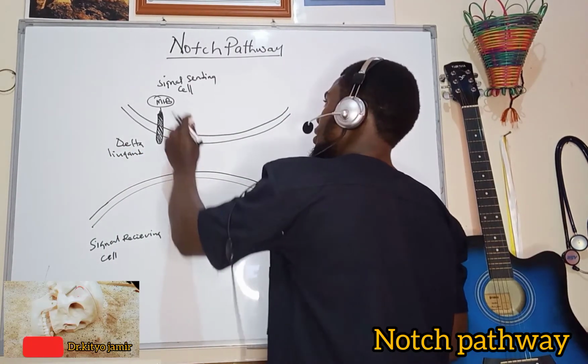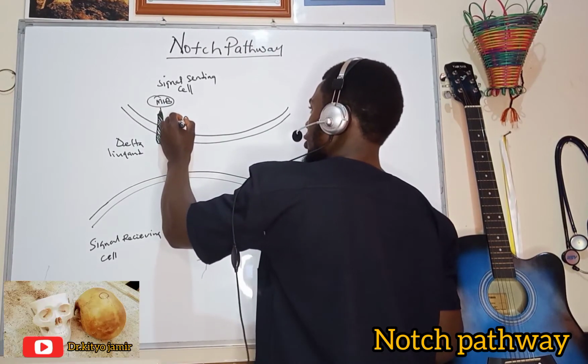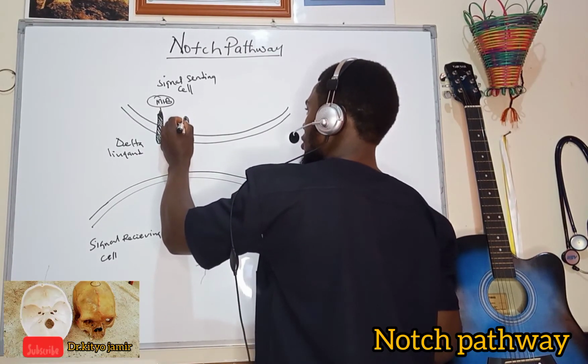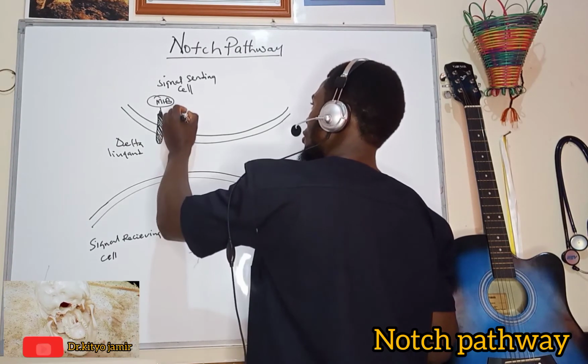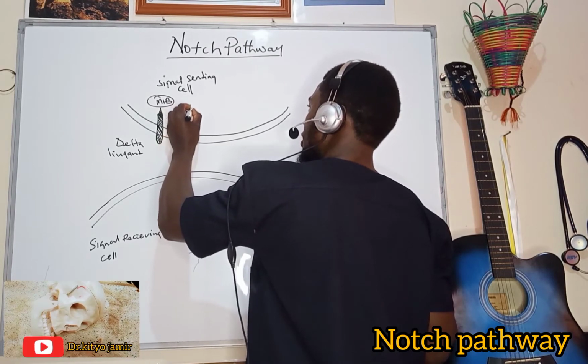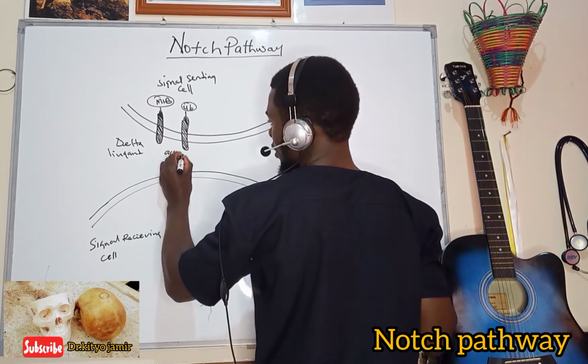So this mind bomb is going to activate the delta ligand by ubiquitinating it. So by ubiquitinating it, it's going to be active now.